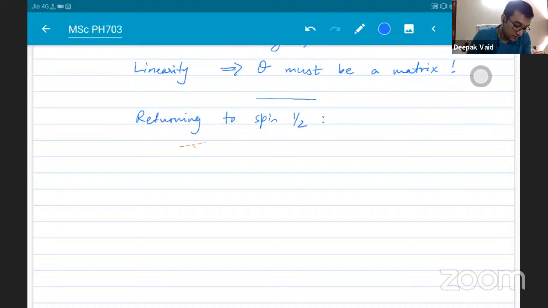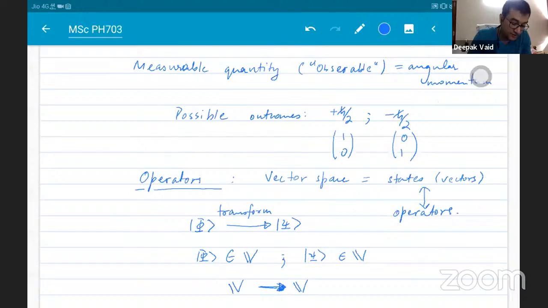So this is a postulate of quantum mechanics that any observable is associated to an operator.